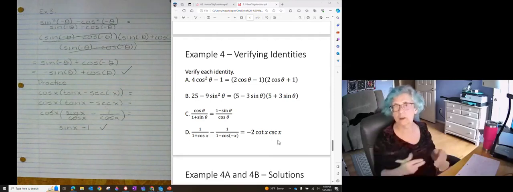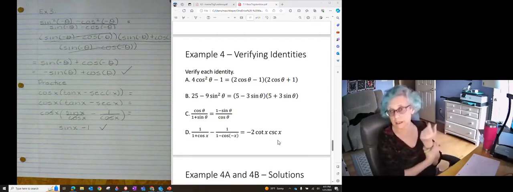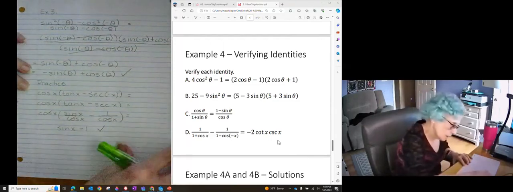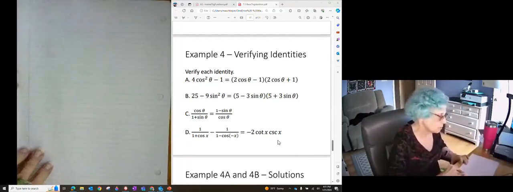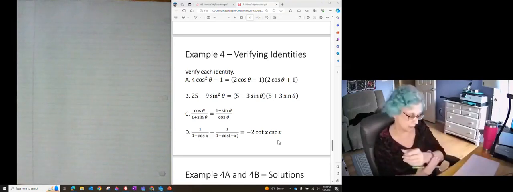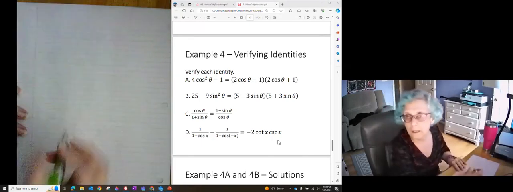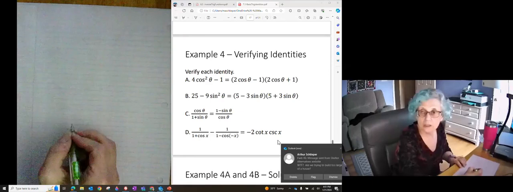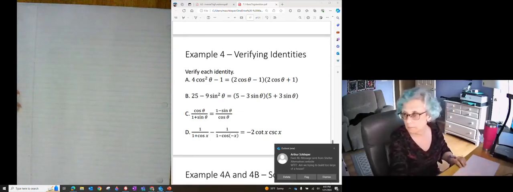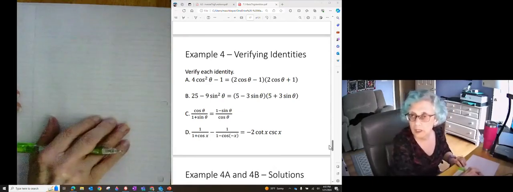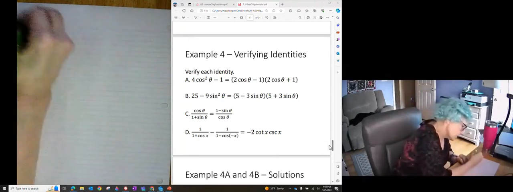Okay, so here's some verifying identities again. And we aren't told exactly what method to use, so we'll just start. Let's look at 4 cosine squared minus 1, and we'll factor that.